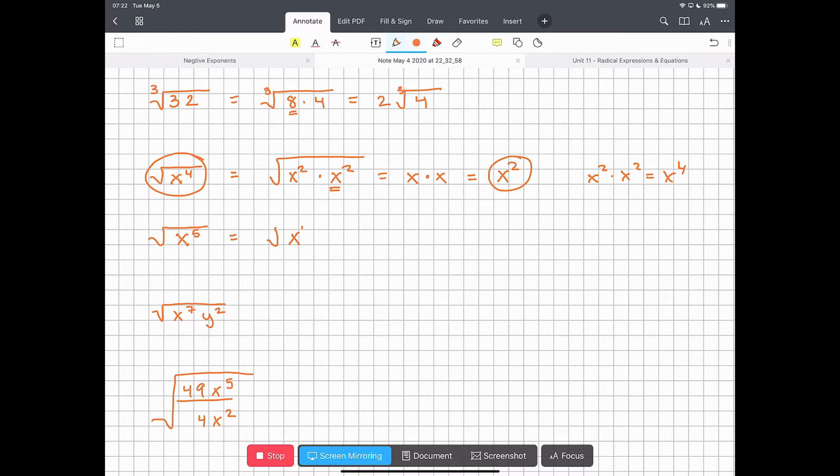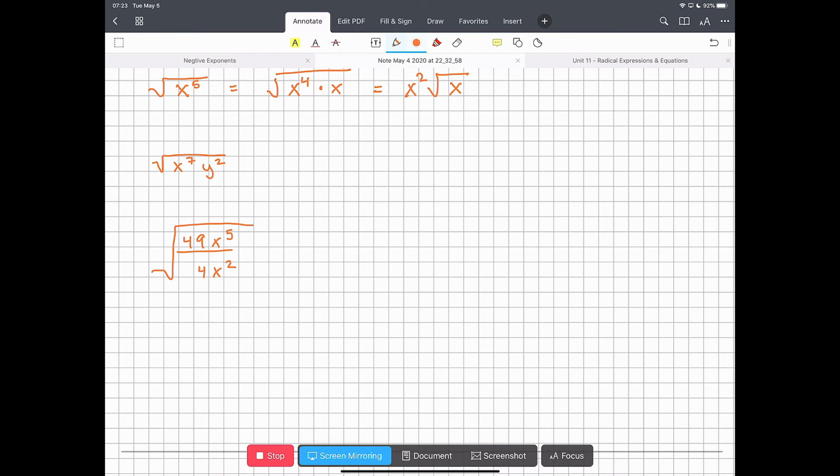So x to the 5th can be rewritten as x to the 4th times x. And then we find the square root of the factors inside the radical sign. So the square root of x to the 4th, we've already seen, is x squared. And I'm left with, in the radical sign, the square root of x.